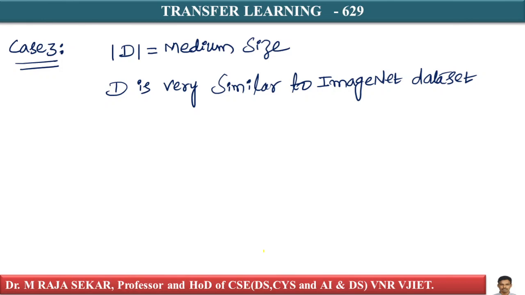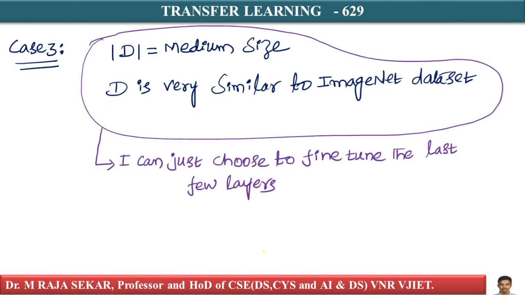Let's think of this as case 3. If this is the case, then I can just choose to fine tune the last few layers, isn't it? The last few layers, that's important.